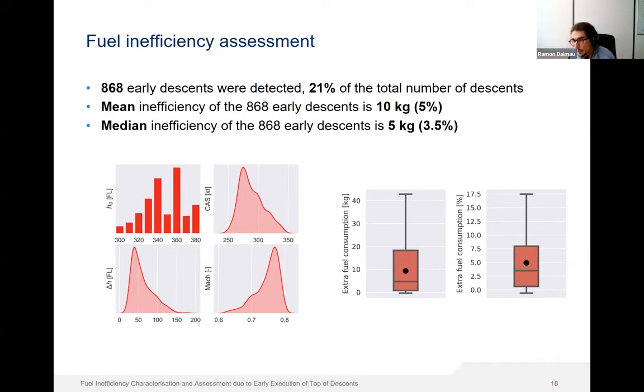The median of this distribution was around 5 kilos, which represents a 3.5% increase in relative terms.